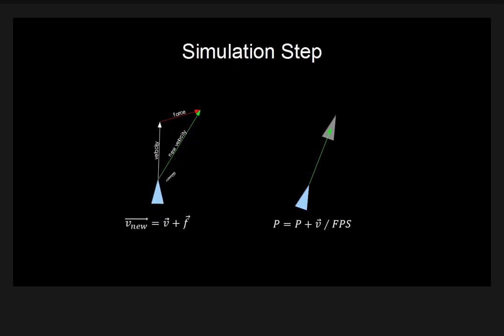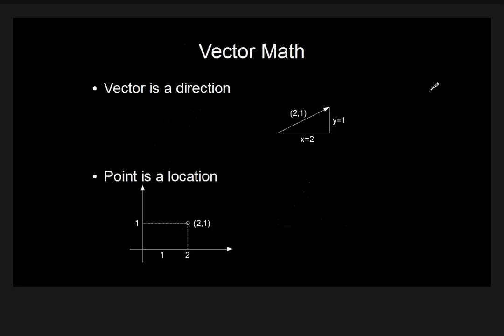We have an agent in a specific location, and we have a velocity, and we have also a force. This is a force, for example, our final steering force. What we have to do each time step is just add the force to the velocity. This is the right moment to remember a little bit of vector math. Just remember what a vector is. A vector is a direction, and a point is a location in space.